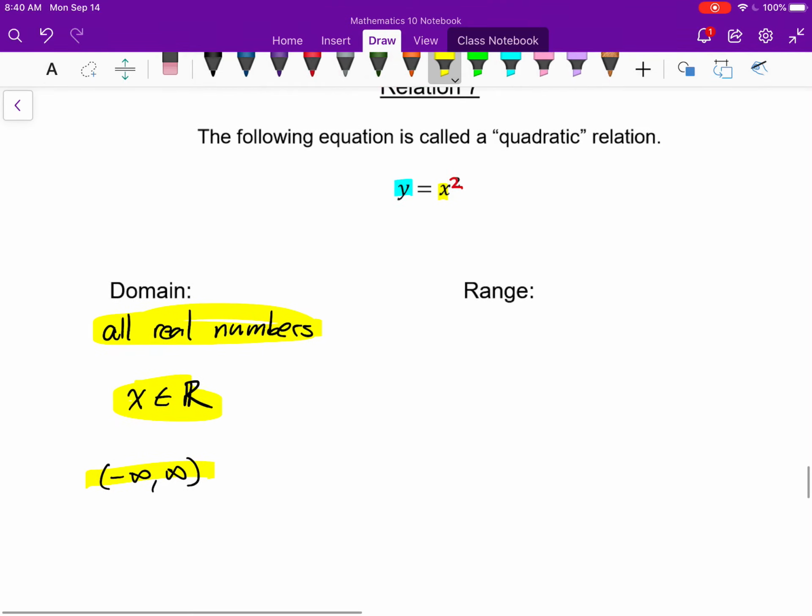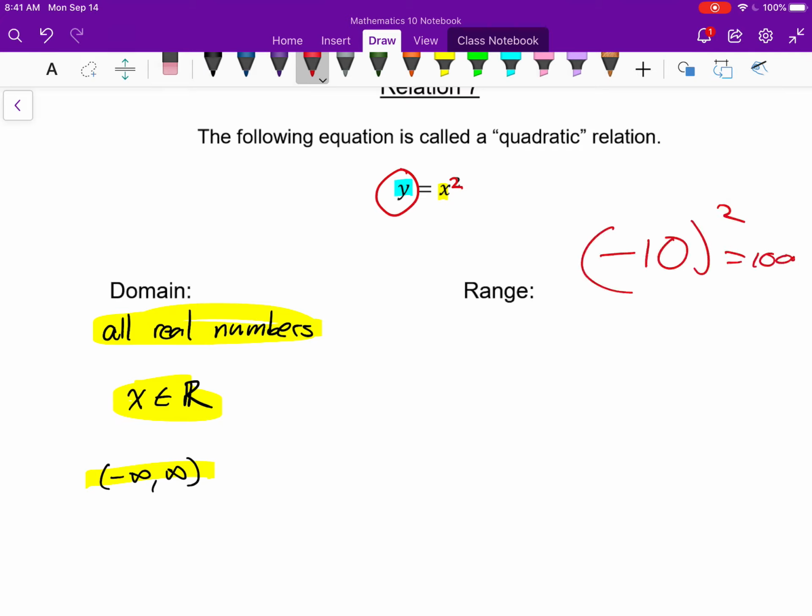The range, though, is not all real numbers, because I don't care what number you pick, you will never get a negative number out. If you're picking a real number, I don't know, -10 for x, and then you square it, you're going to get out +100, not -100. And so you will never get a negative number out of this equation if you're putting a real number into it. And so the range is anything from 0 and up.